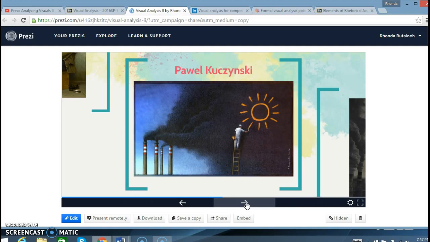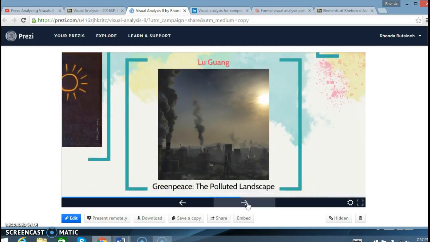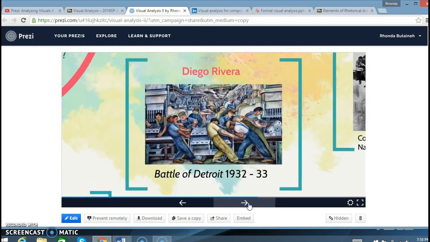Powell has all these satirical images, and this is about pollution, obviously. And where does your eye start? Where does it go? What's the purpose? Again, just consider all those rhetorical analysis questions. Here's a photograph, something very similar, by some artists for Greenpeace, trying to document the pollution in China.